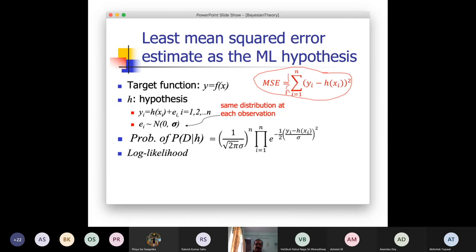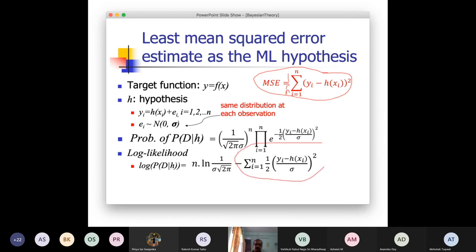You can show that relationship straight away, because if I take the log of the likelihood values, the problem remains the same for maximization, because the hypothesis which will maximize the likelihood will also maximize the log likelihood. So if I take the log, the term becomes like this, and you see that the variability is in this part.